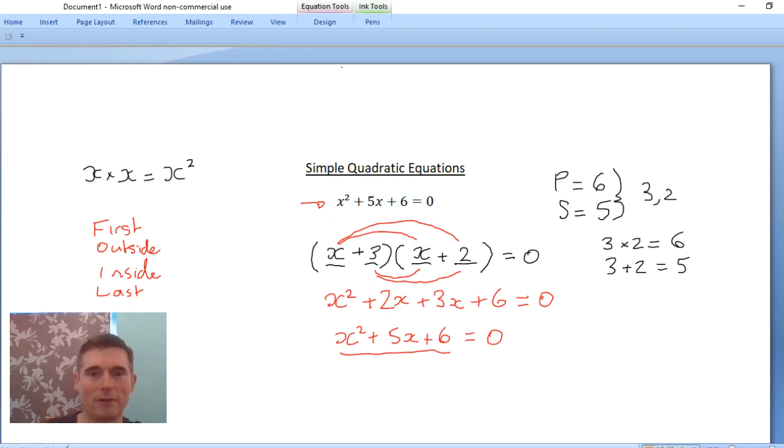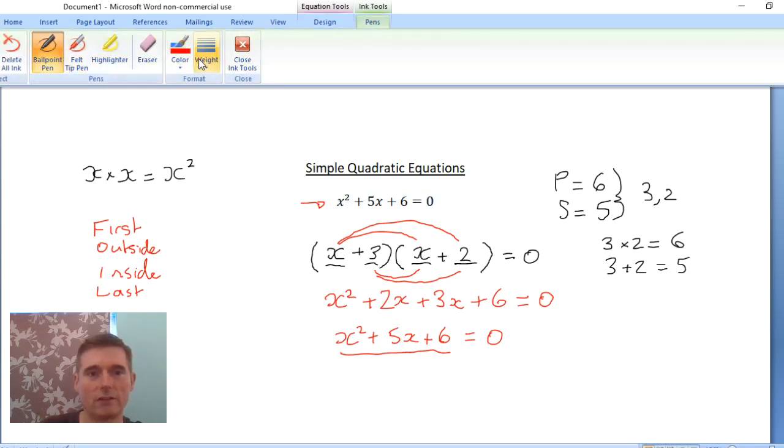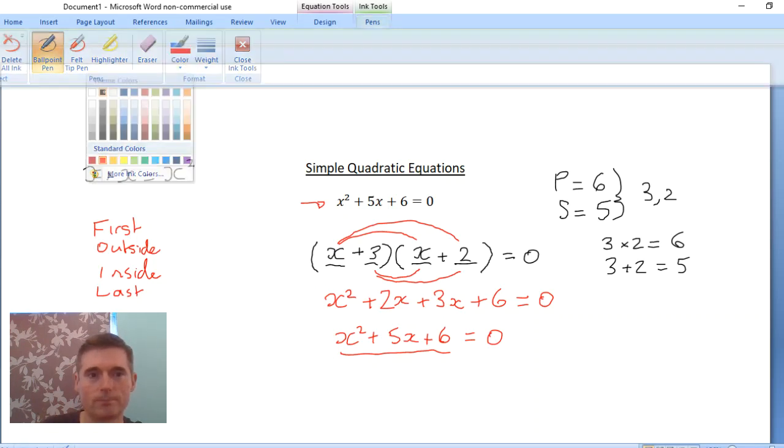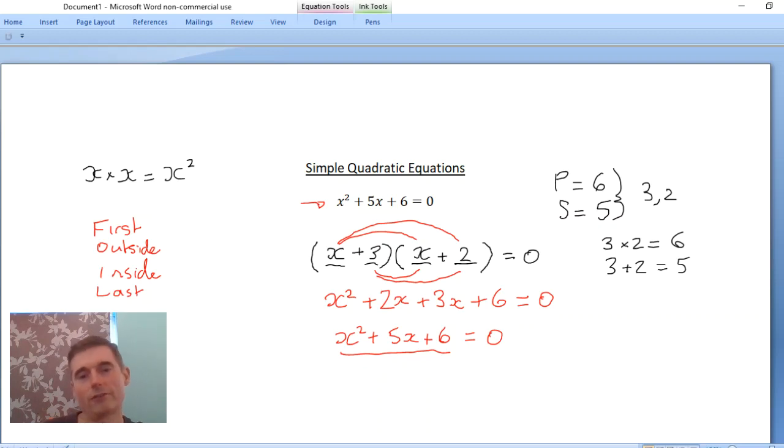Okay, now having correctly factorised it, we can now solve the equation. The logic being, if we've got two brackets multiplied together and the answer is 0, the only way that could be true would be if either the first bracket is equal to 0, so x plus 3 equals 0, in which case x would have to equal minus 3 for that to be true, or we've got another alternative, which is that the second bracket would have to be equal to 0.